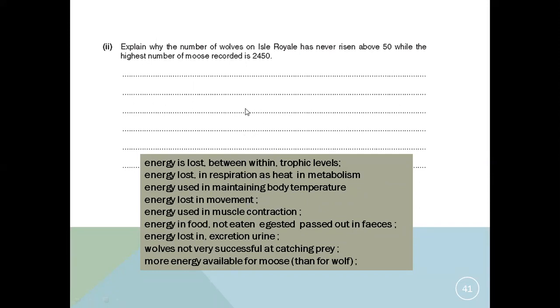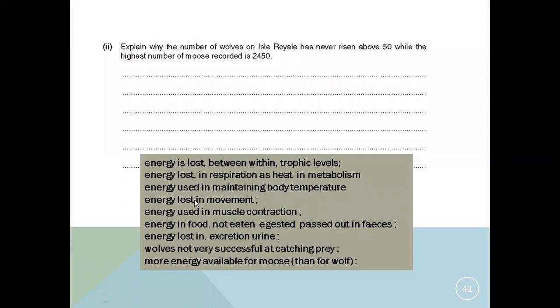But the secondary consumer is feeding on the primary. So the energy available compared to the primary is less for the secondary consumer, because most of the energy is lost in the form of heat, and the energy is used in maintaining body temperature of that primary consumer.